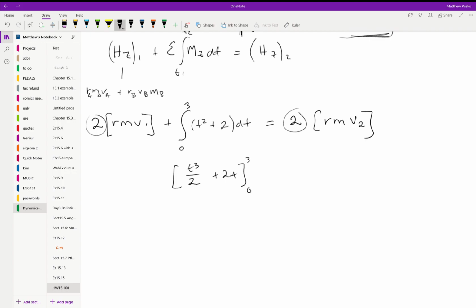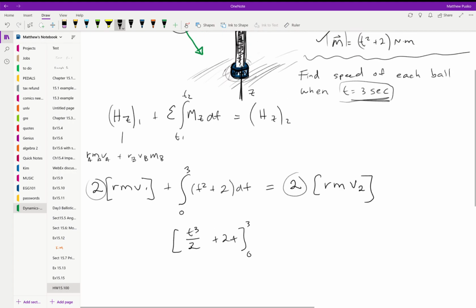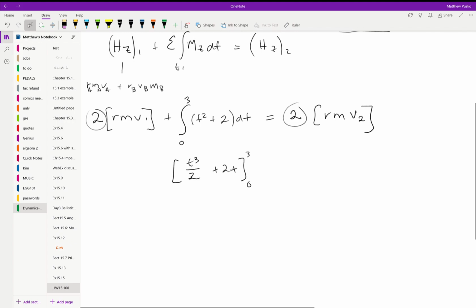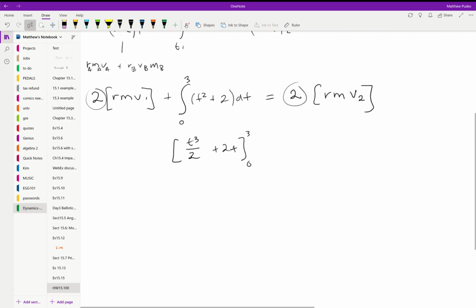And 2 times 0.5 times 10 times 2, that's 20. And then 2 times 0.5 times 10 is 10, and then times v2.